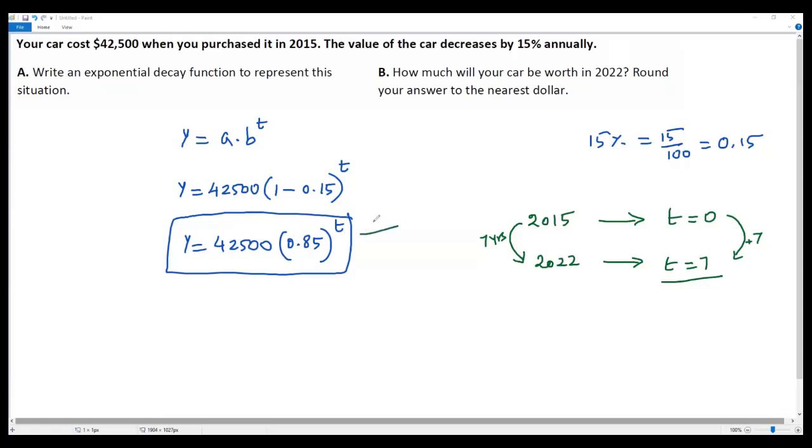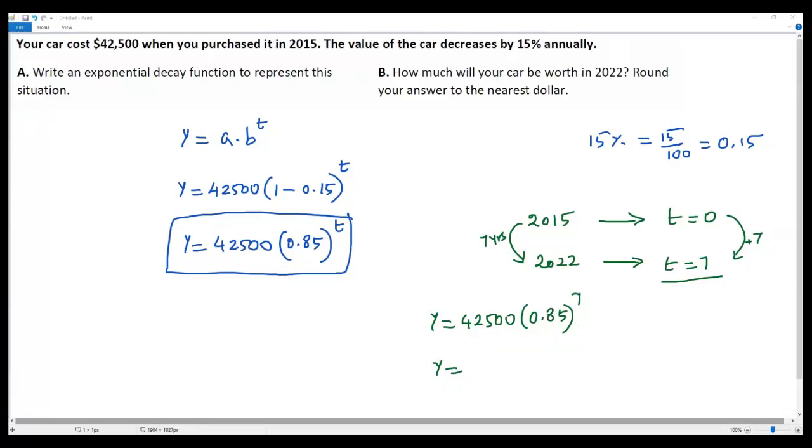In this exponential decay function, if I plug in t equals 7, the value I get for y gives the value of the car in the year 2022. Okay, let's do that. y equals 42,500 times 0.85 to the power 7. We can use a calculator to get the value of this.